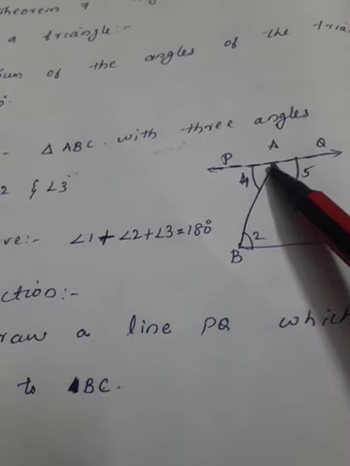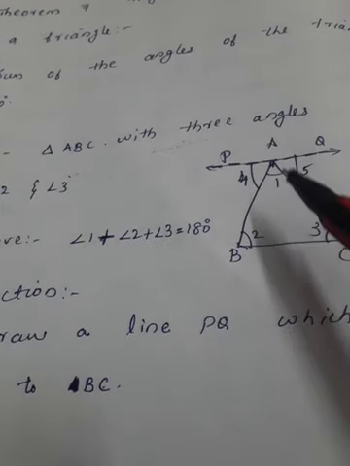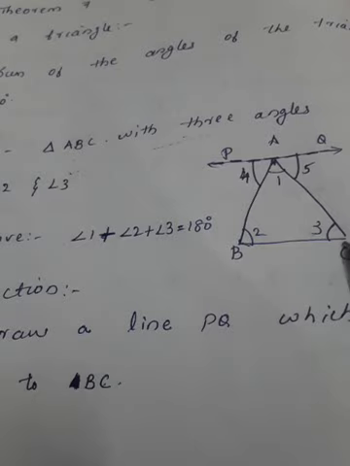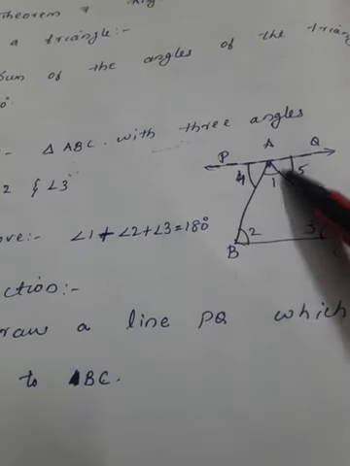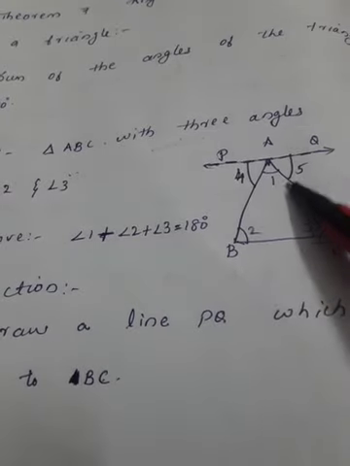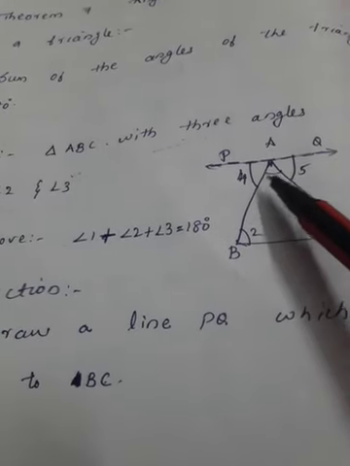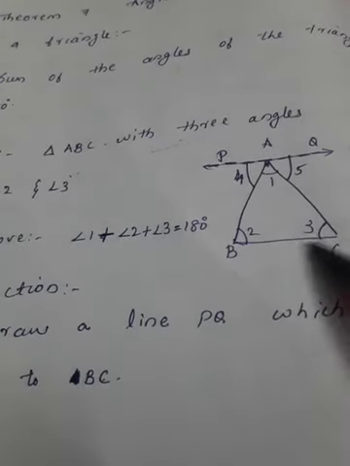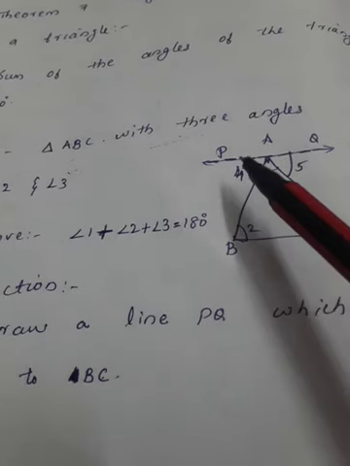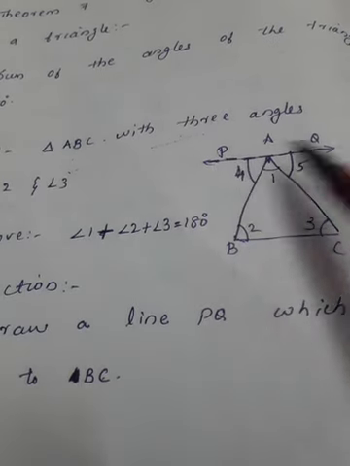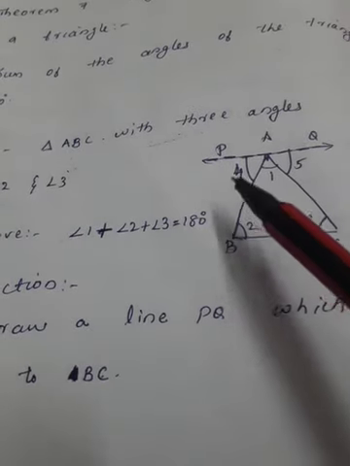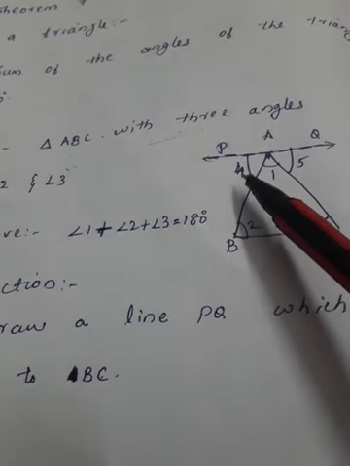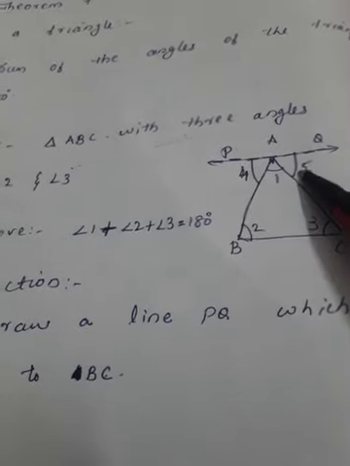Okay, so we have two other angles, angle 4 and angle 5. Clear? Angle 1, angle 2 and angle 3 are interior angles of this triangle. When we draw a line PQ through the vertex A parallel to BC, we get another two angles that we can name as 4 and 5.